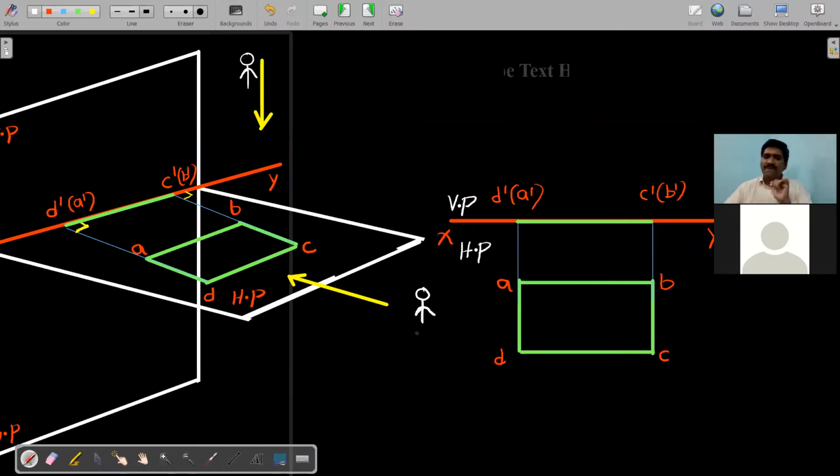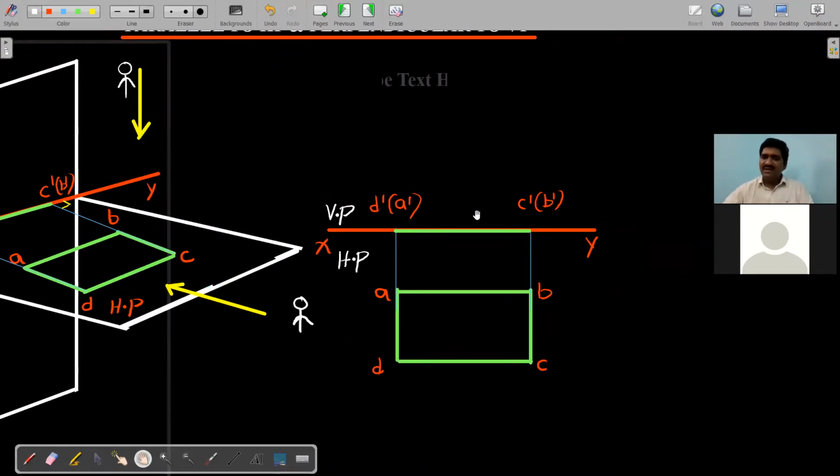Okay, now I'm having a question for you. In this rectangle, we have 2 short sides and we have 2 longer sides. In the 4 sides, can I say these 2 are short and these 2 are long? Tell me, all of you, how we are drawing the rectangle here.